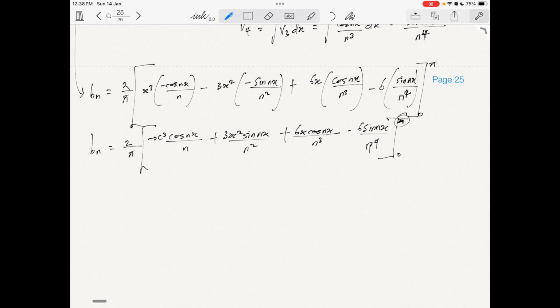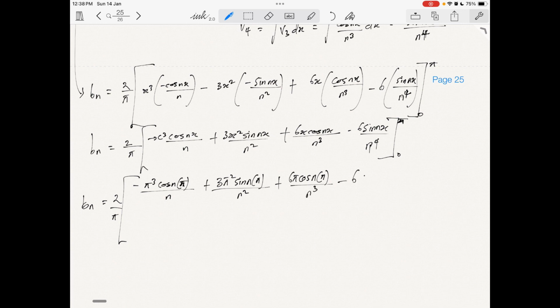The upper limit is pi and the lower limit is 0. So we have 2 over pi. We put our upper limit of pi, so wherever we have x we put pi: minus pi cubed cos n pi over n plus 3 pi squared sine n pi over n squared plus 6 pi cos n pi over n cubed minus 6 sine n pi over n raised to power 4.